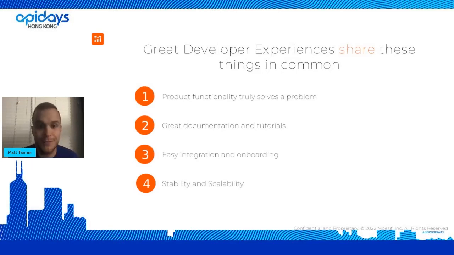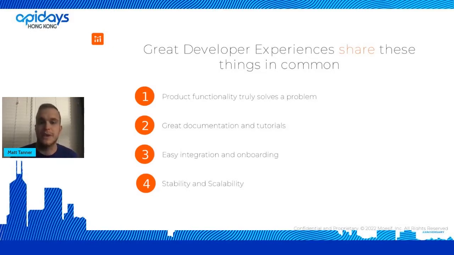Now, most of us developers know that great developer experiences share a pretty similar number of things in common. And I think number one would be that product functionality truly solves a problem. So whether we've built a product or whether we've built an API, in order for someone to have a good experience with that, we really want it to solve a problem for them.